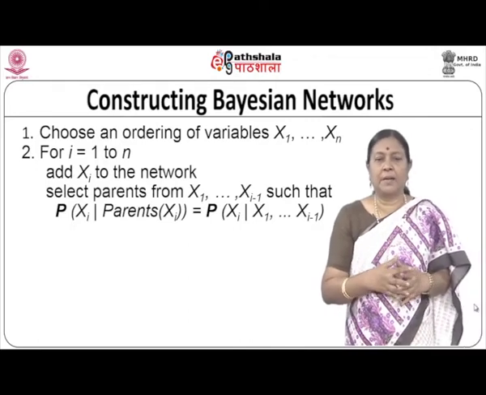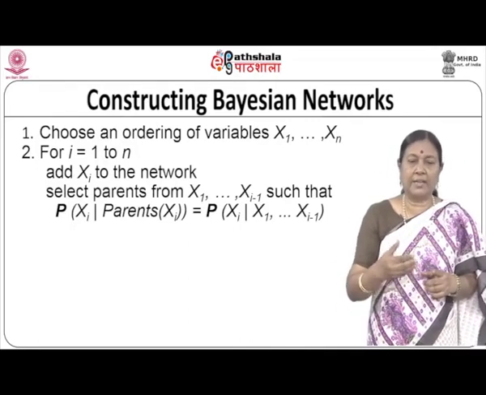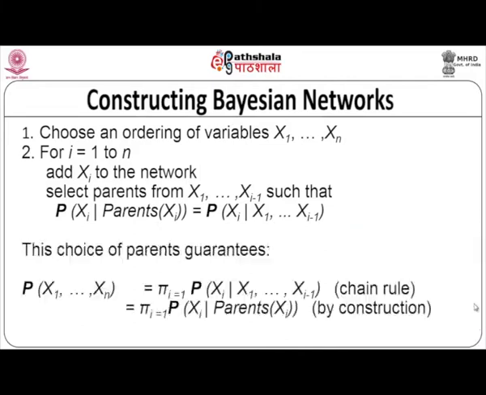The choice of parents guarantees that if you want to find the joint probability distribution of x1 to xn, it is given by the product over i equal to 1 to n of P of xi given x1 to xi minus 1, which is the chain rule, and that equals P of xi given the parents of xi by the construction rule.